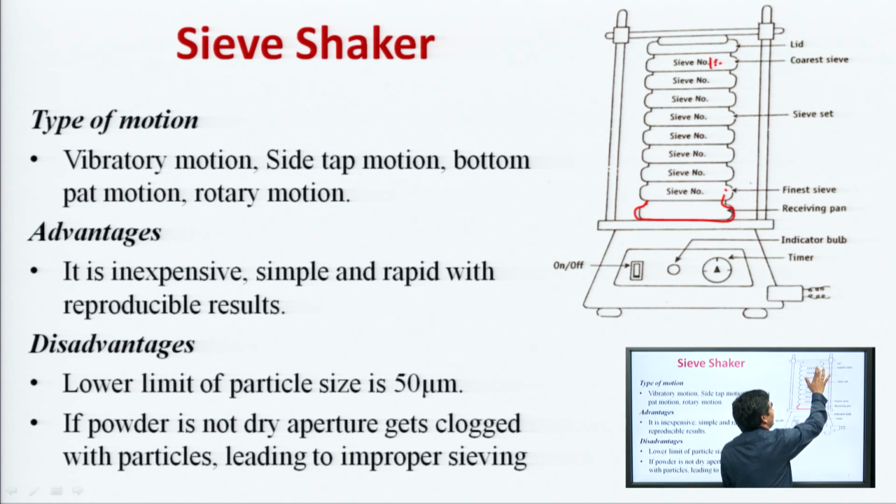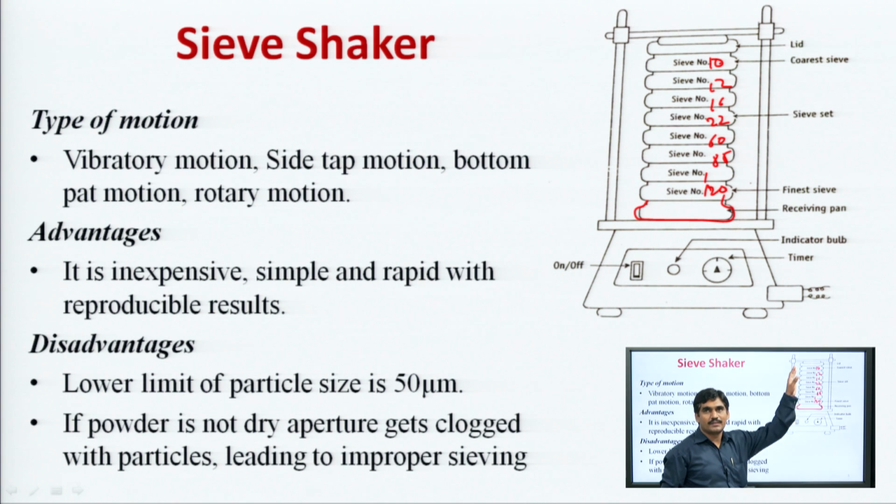Suppose that this is 10 number sieve, this is 12, 16, 22, 60, 85 and 120. Like that the sieves are arranged in this way, coarsest at the top, finest at the bottom.